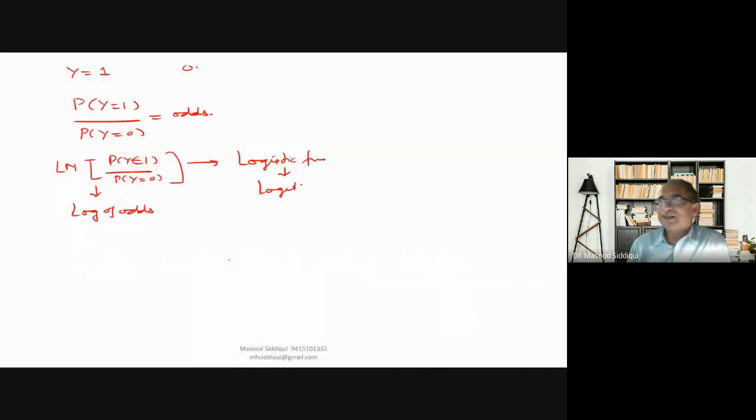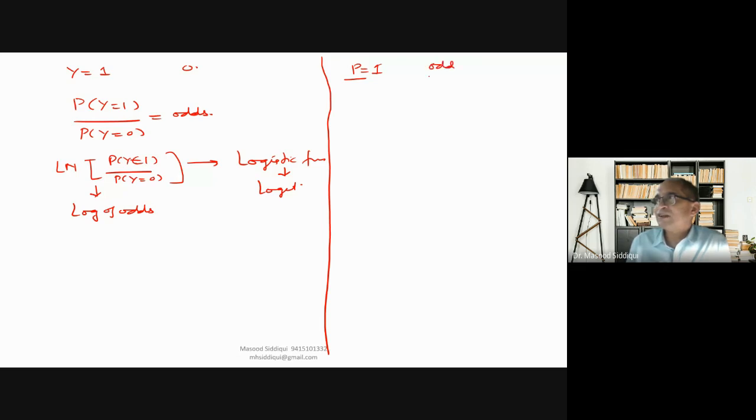So let me explain in a bit more detail how the probability is used. Suppose the first column is probability, obviously P(y=1). The second part is odds.